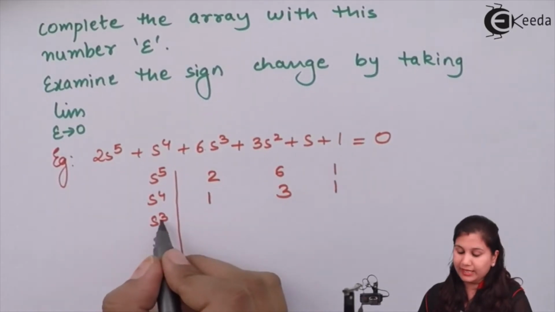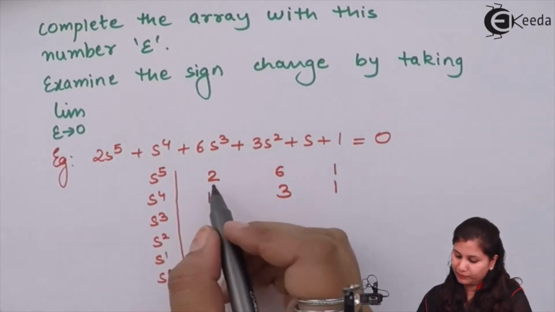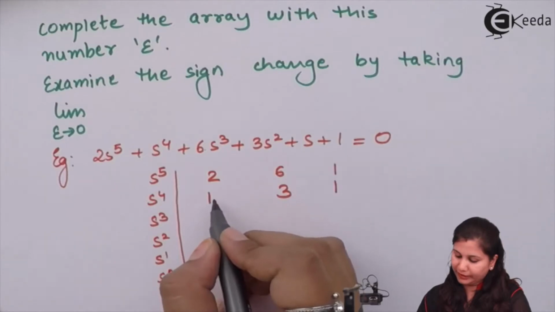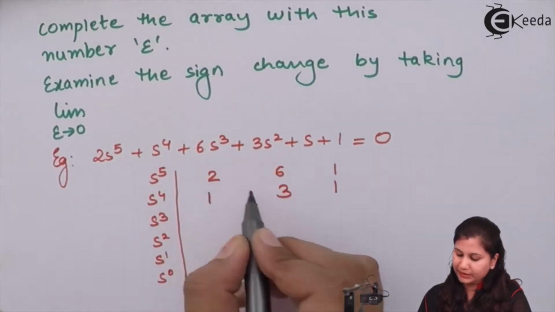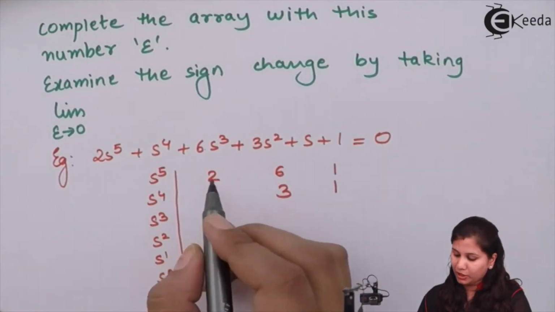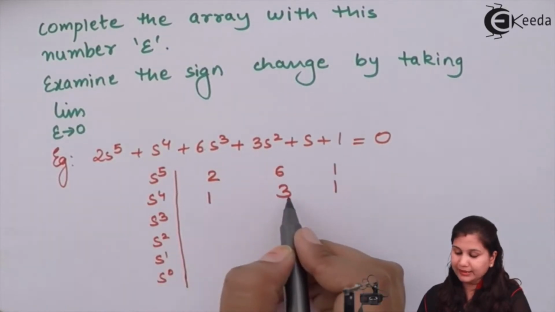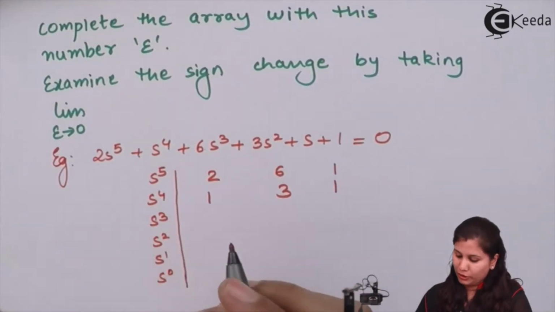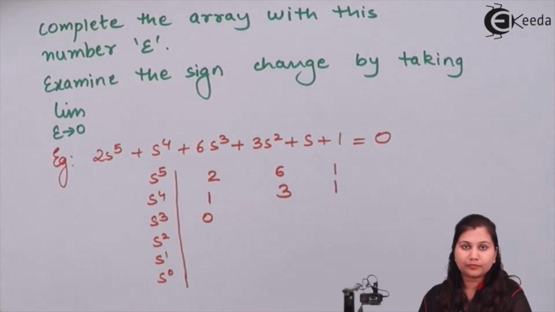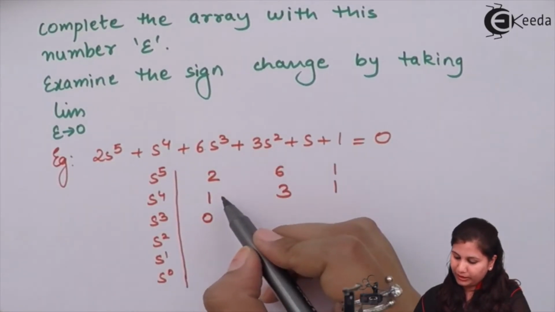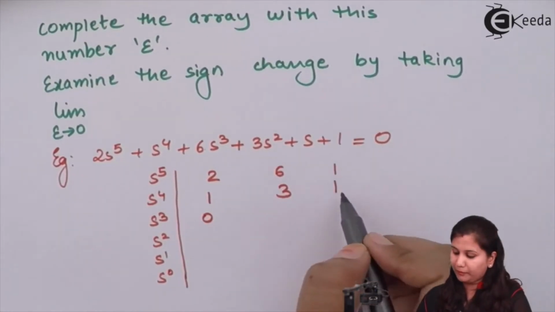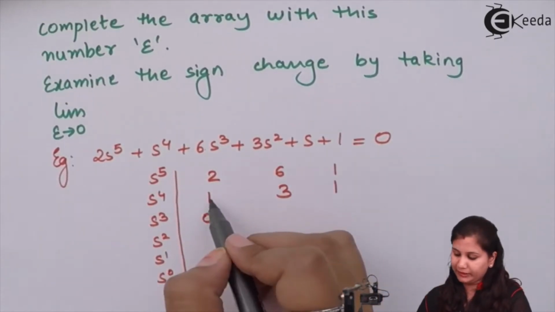Now we will determine s to the power 3 coefficient. By this we will determine (1 into 6 minus 3 into 6) divided by 1. So this is 6 minus 6 divided by 1. So it will be 0. Now next we have (1 into 1 minus 2) divided by 1.